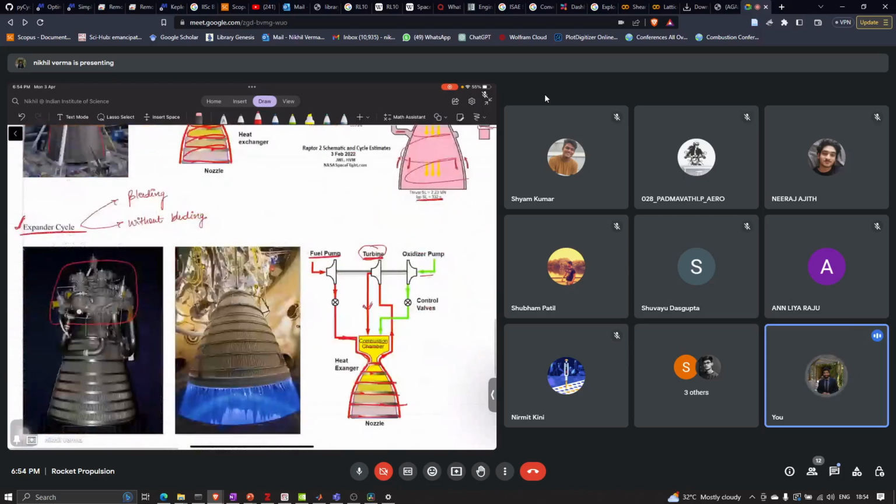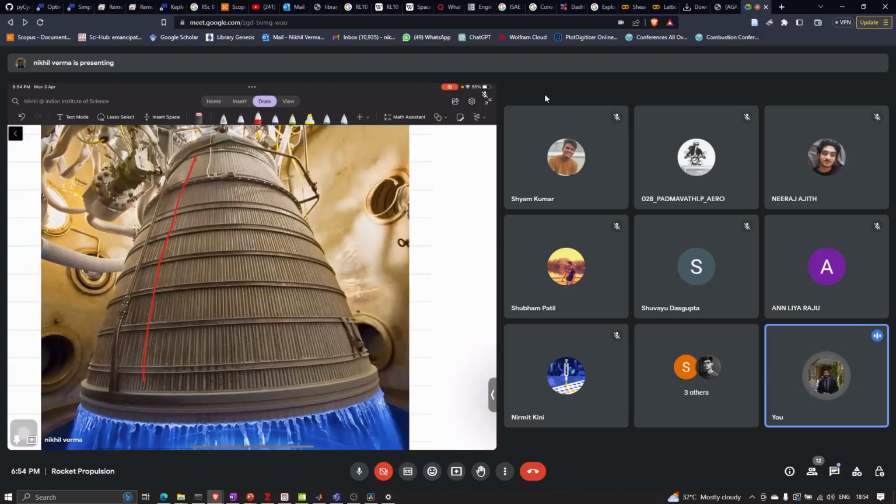So this is the RL10 engine. This is a cryogenic engine, as you can see in this, where the liquid fuel is fed through these lines. These are the channels which are used for cooling the rocket nozzle.